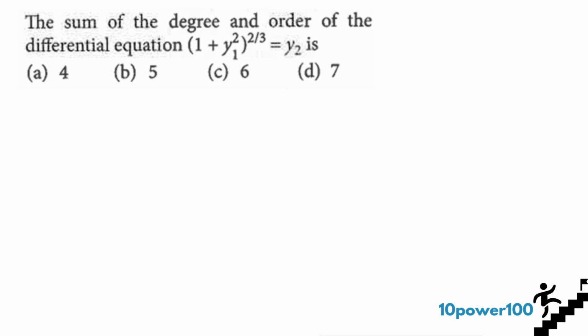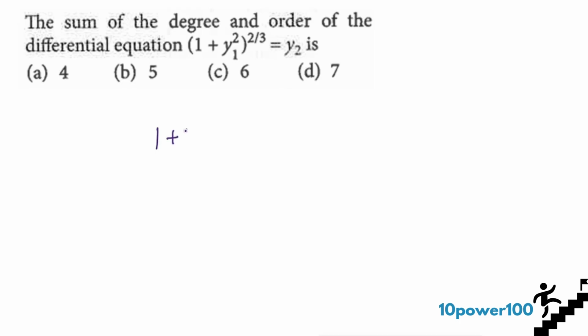Next one, the sum of the degree and order of the differential equation: 1 plus y1 the whole square, whole power 2 by 3 is equal to y2. Now the power is not in terms of a whole number, so we have to change that part.